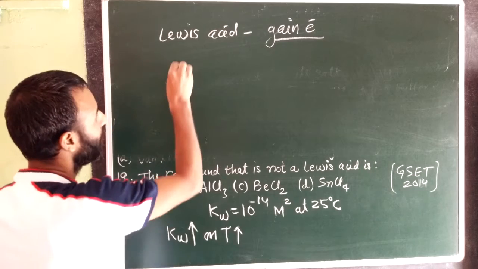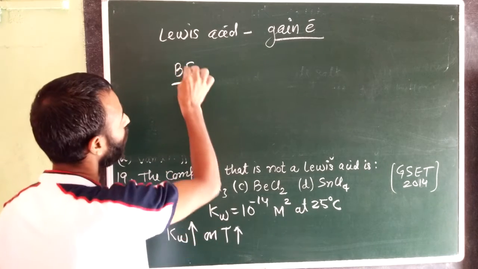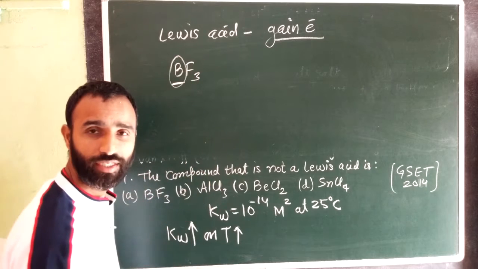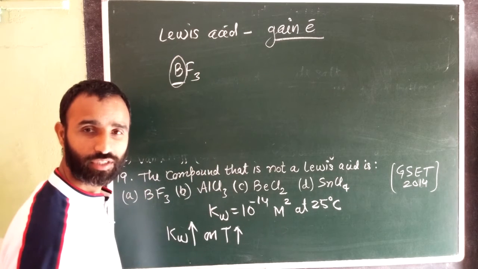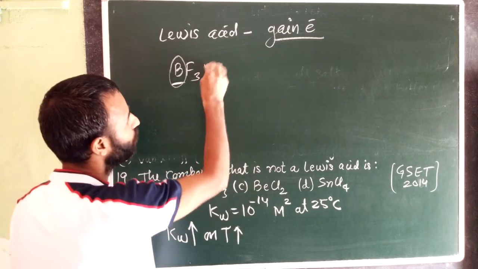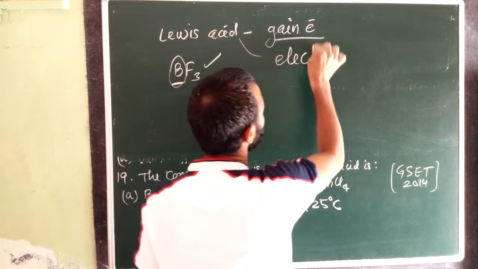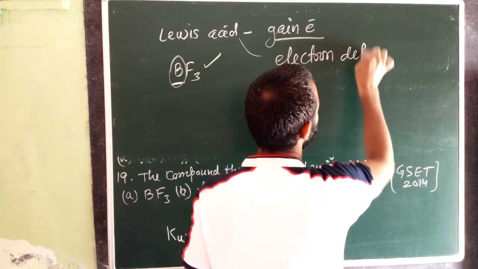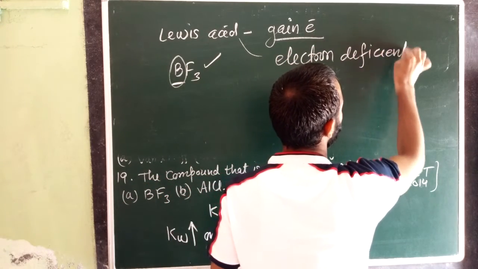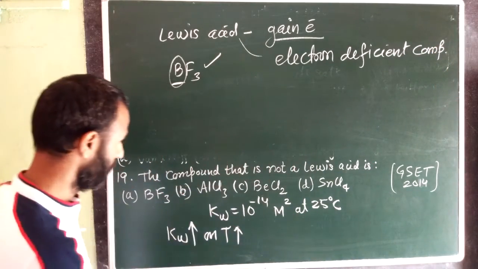So see BF3, it can accept because in the valence shell only 3 electrons are there and 3 are shared, 6. So it is deficient of 2 electrons, means any electron deficient compound can act as Lewis acid.